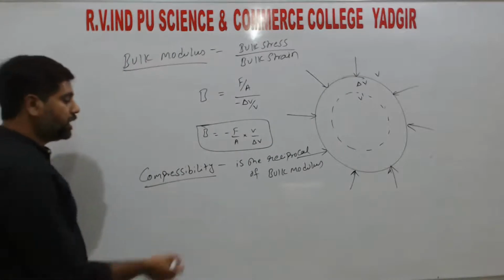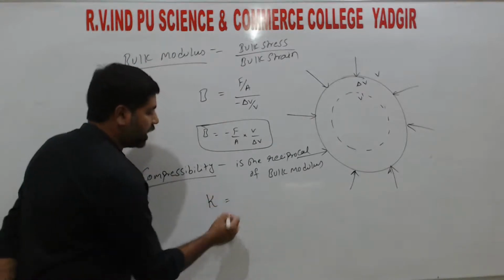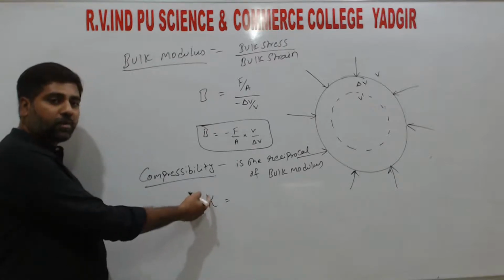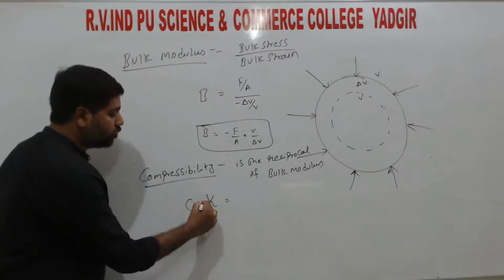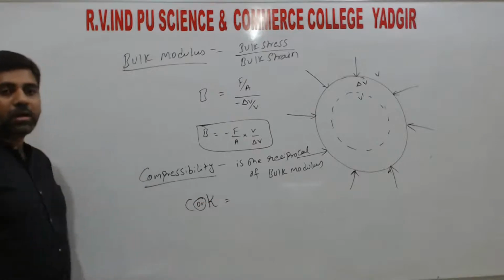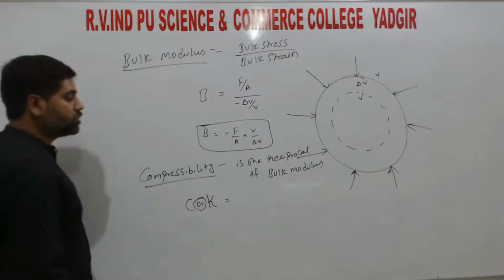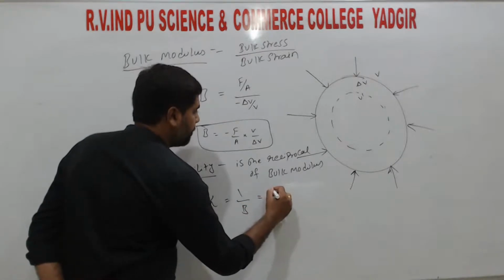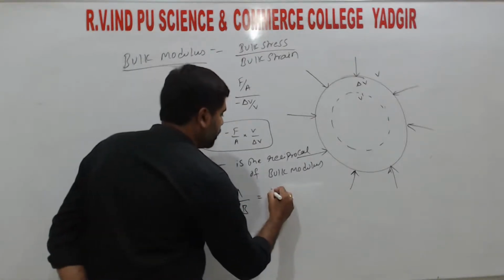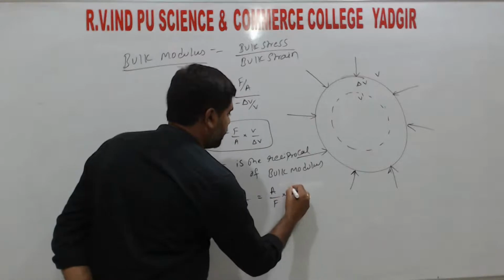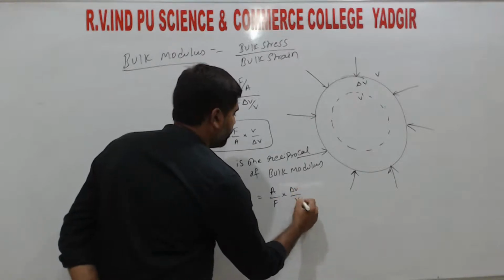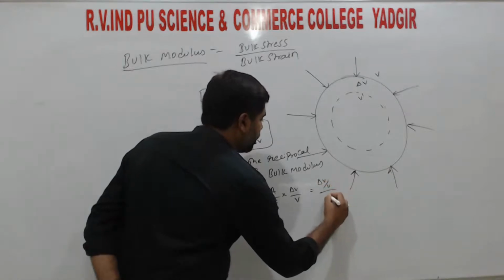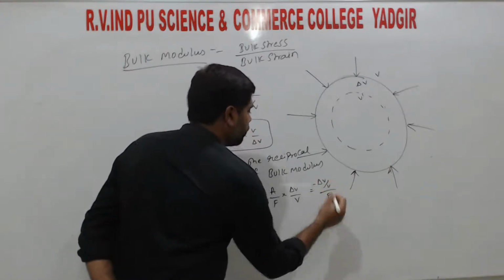Compressibility is denoted by K. We always define compressibility as K, though some textbooks also use C. So C or K is equal to 1 by B, that is equal to A by F into delta V divided by V. So we can write delta V by V whole divided by F by A.